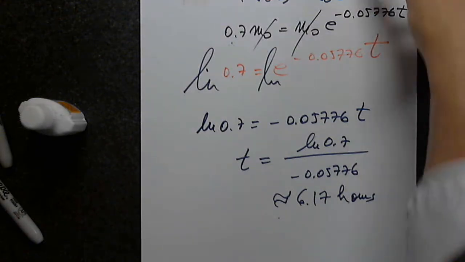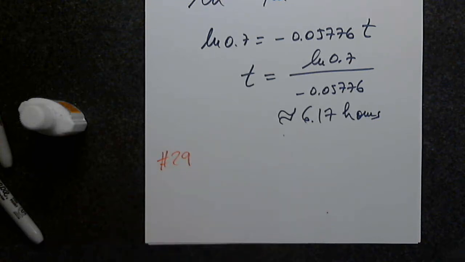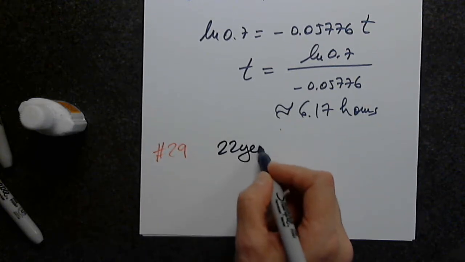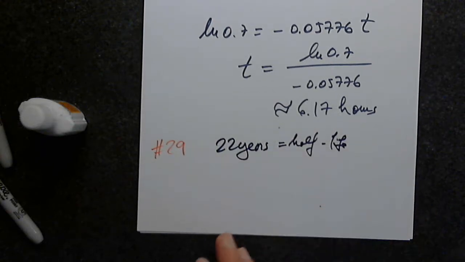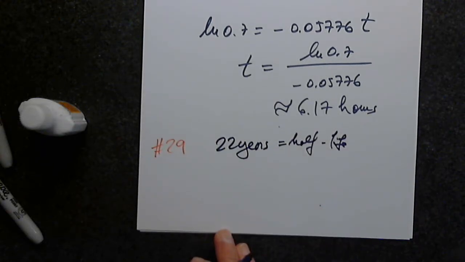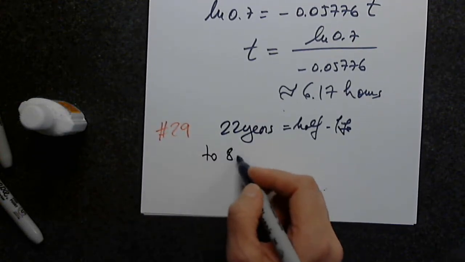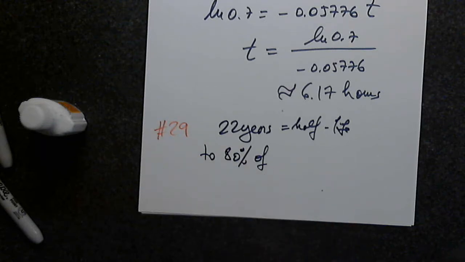29. In 29, we have the half-life of lead, 22 years. How long will it take for a sample of this substance to decay to 80% of its original amount?